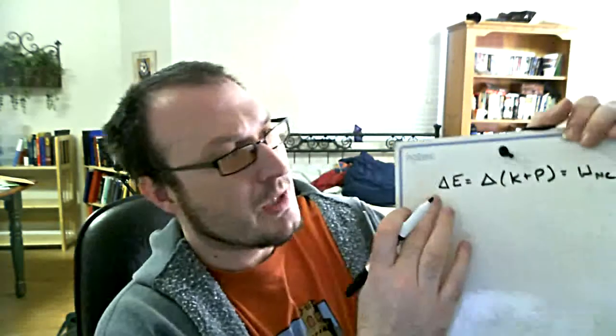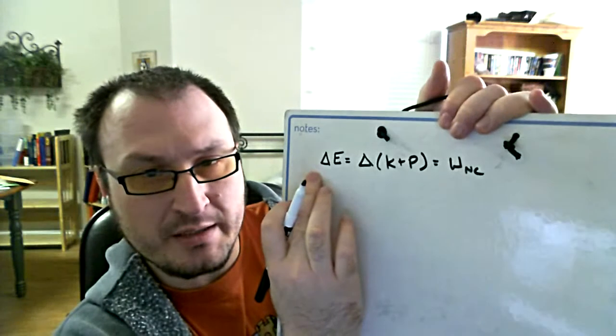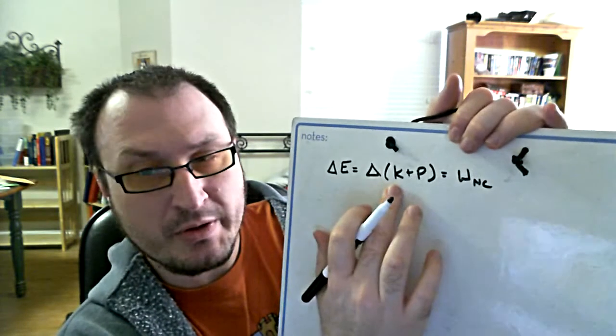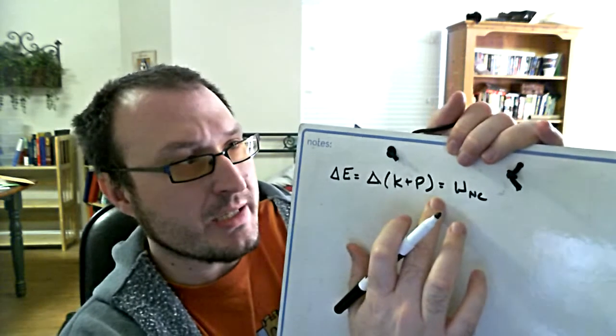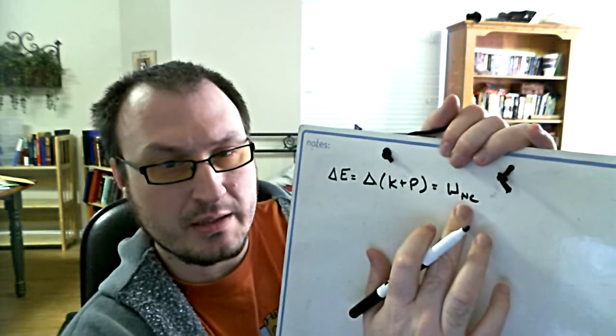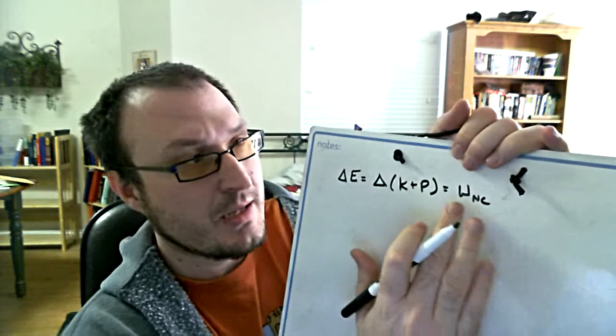The change in energy, in other words the change from an initial situation to a final situation, and that includes both the kinetic and the potential energy terms, is going to equal any work done by a non-conservative force acting over a distance.